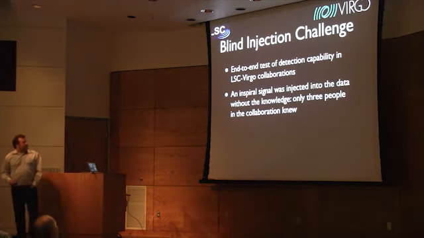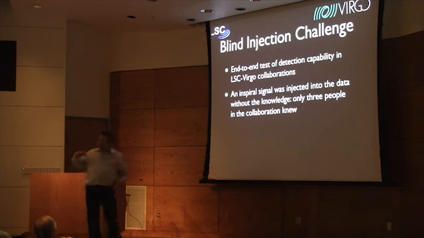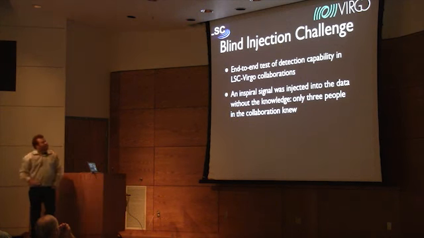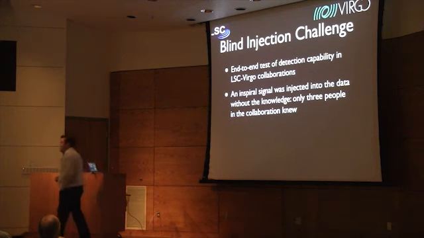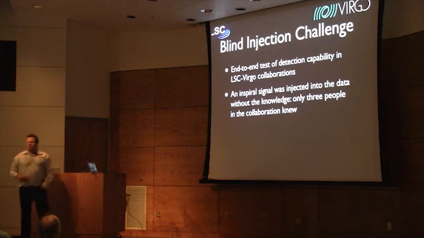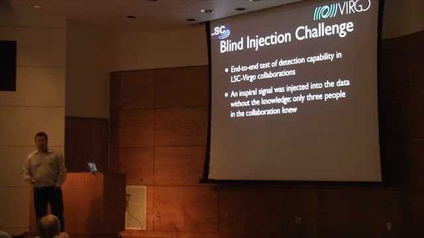We'll inject one of these inspiral coalescence, these binary black hole, binary neutron star signals into the data, and only 3 people in the collaboration, there's about 800 people in LIGO and another 400 or so in Virgo, only 3 people knew that this signal was going in, where it would be in the data, if it would even go in at all.